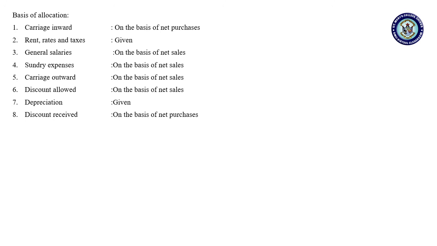The 1,000 is a discount allowed by that person, not received in cash, but you purchased goods worth 10,000 and are paying only 9,000, so the 1,000 is income for you. So discount received is apportioned on the basis of net purchase.